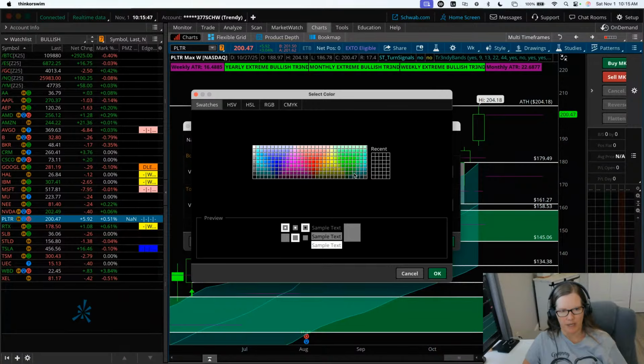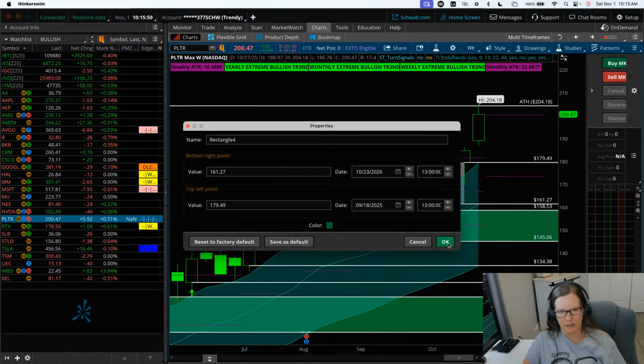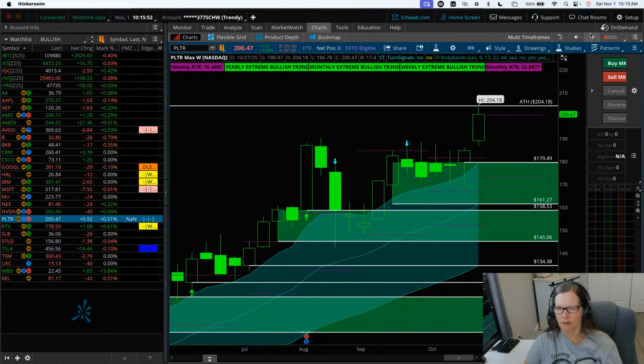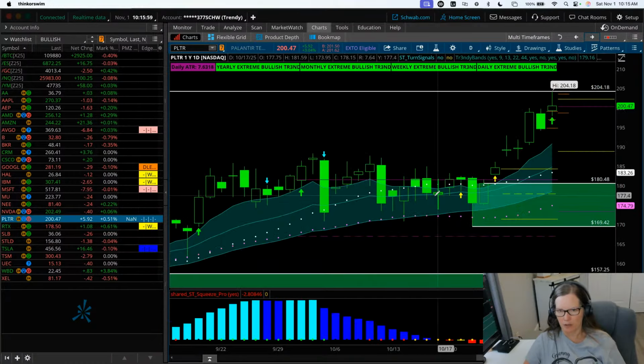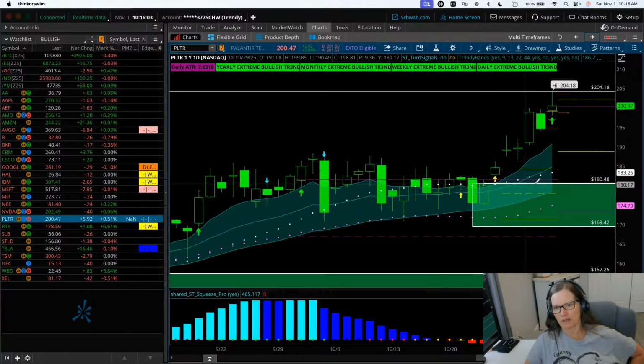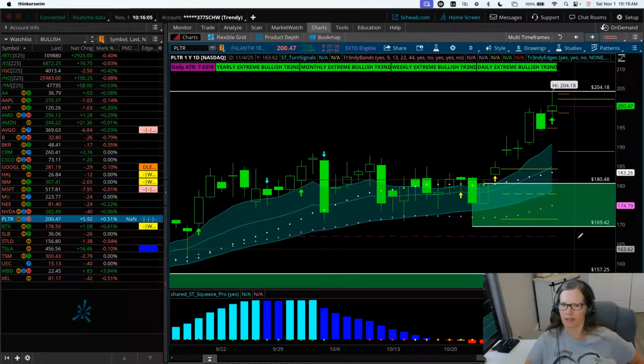All right. So here's the immediate buy zone on the weekly for Palantir, 179 to 161. Above, obviously, it's blue skies. We have no candlestick structure. On the daily, it would not surprise me to see price pull back here on an earnings miss, 180 to 169. Wouldn't surprise me.